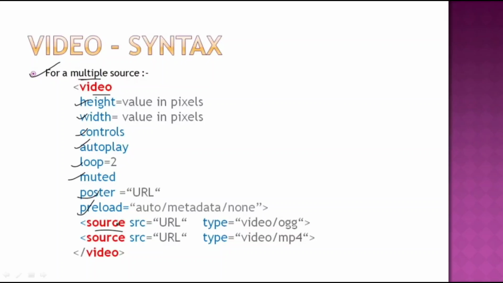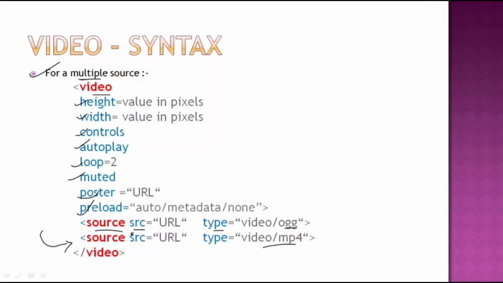The source tag will have the attributes src and type. So if the browser doesn't recognize this OGG file type, then it will immediately go to the next file type, and if it recognizes this MP4 file format, it will immediately start playing in the browser.